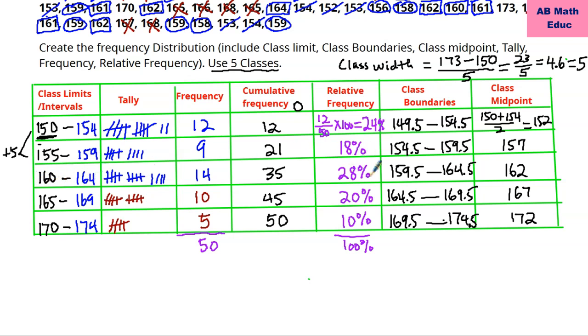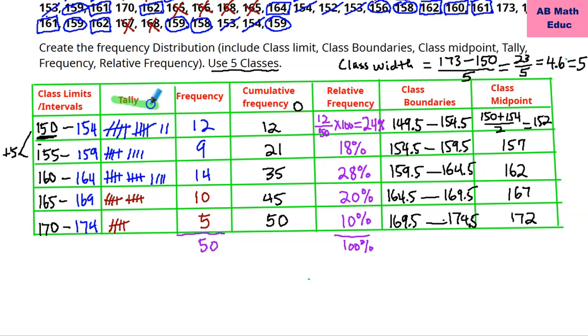You can also come here realizing that accumulating 35 of the students were between 150 to 164. So you could also say that 35 students are shorter than 164, all right, among the 50. So these are some of the conclusions that you can draw from the table.